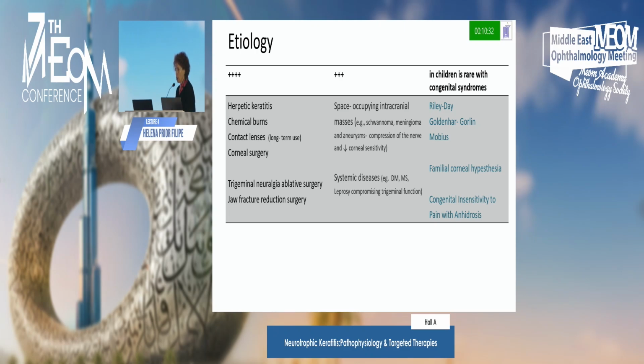In terms of etiology, most of the cases are associated with herpetic keratitis, burns, long-term use of contact lenses, corneal surgery, neuralgia, trigeminal neurology, ablative surgery, so related with its sequela of surgery, and also jaw fracture reduction surgery, a little bit less with space-occupying intracranial masses and systemic diseases, and special cases with syndromes in the children population.